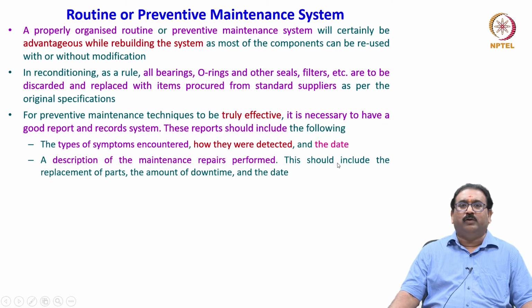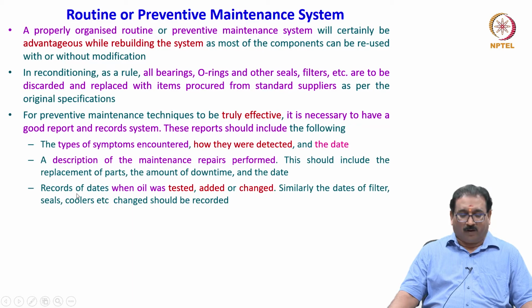This should include the replacement of parts, the amount of downtime and the date. Records of the dates when oil was tested, added or changed. Similarly, the dates when filters, seals, coolers and many other auxiliary components were changed should be recorded.